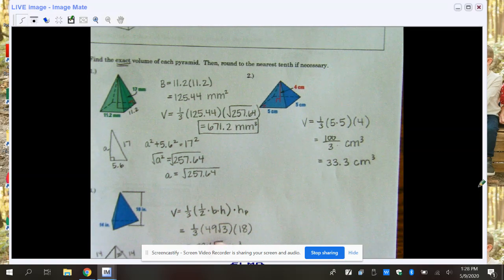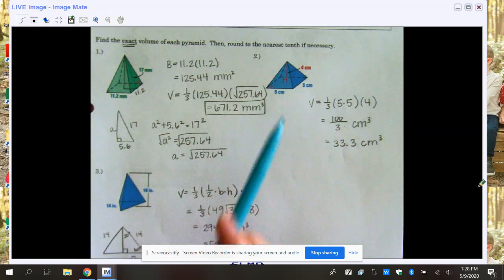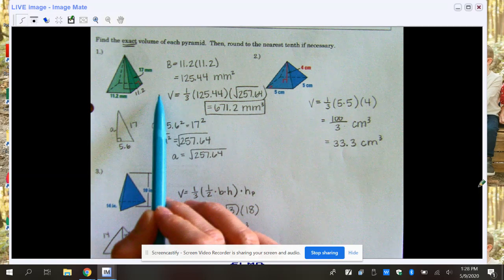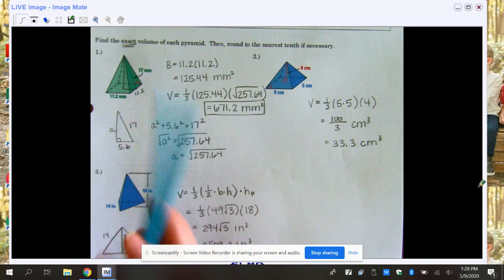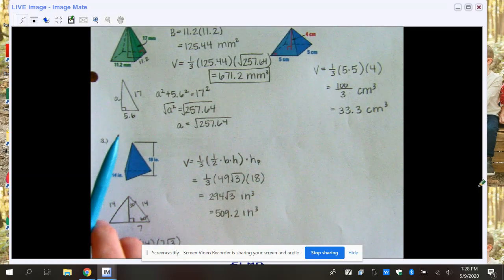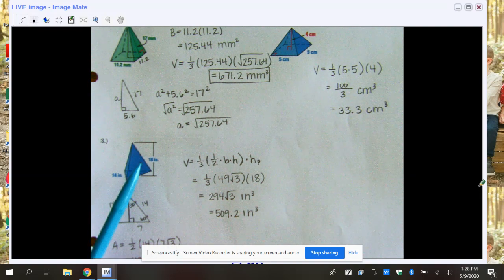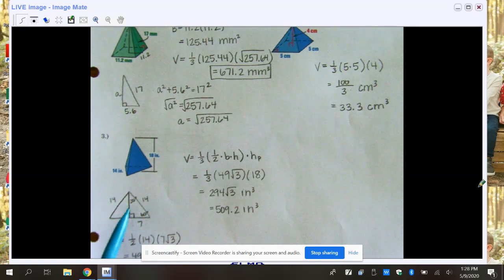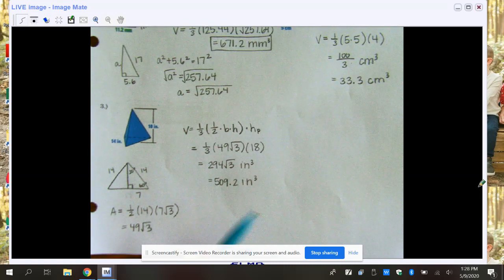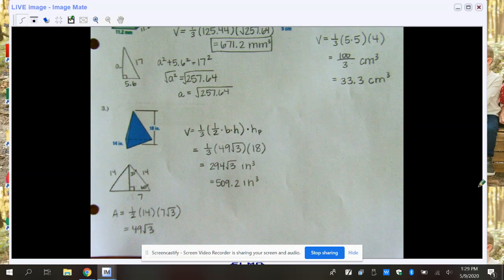Again, the kind of tricky scenarios will come in if you don't know the height of the pyramid, and you'll have to use the Pythagorean theorem to do that, or if your base is an equilateral triangle, using special right triangles to get the height to get the area.